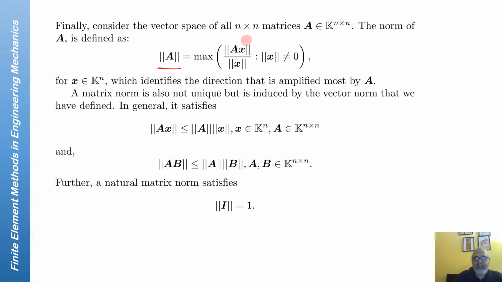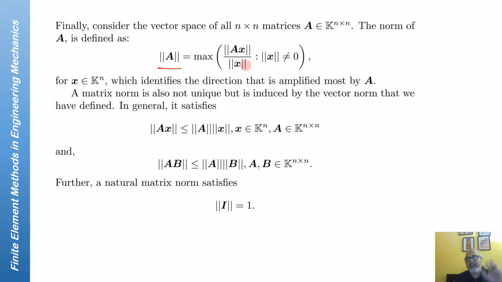What it means is that this is a measure of how much x has been amplified by A. If this is the L2 norm, the length norm, then this tells you how much the length has increased or decreased because x is multiplied by A. So the ratio gives the amplification in length, and then the max of that identifies the direction in which the vector has been amplified the most.